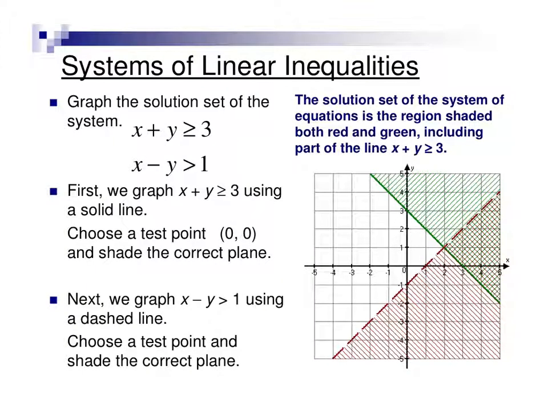This one's already kind of done for us, but let me just explain what's happening here. We have x plus y is greater than or equal to 3. So they're actually going to graph the line y is greater than or equal to negative x plus 3. You'll notice that they came up here to positive 3, and then they had a negative 1 slope that went down like that. For this one, they go negative y is greater than negative x plus 1.